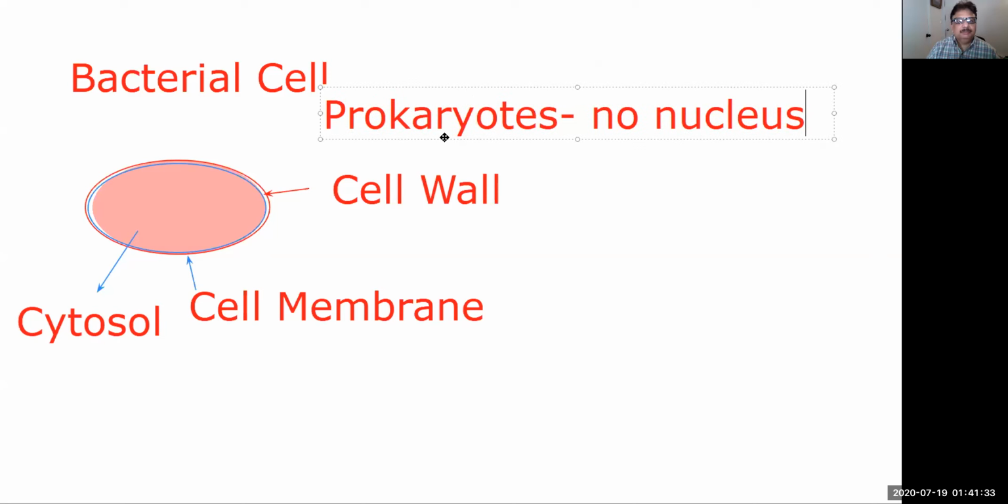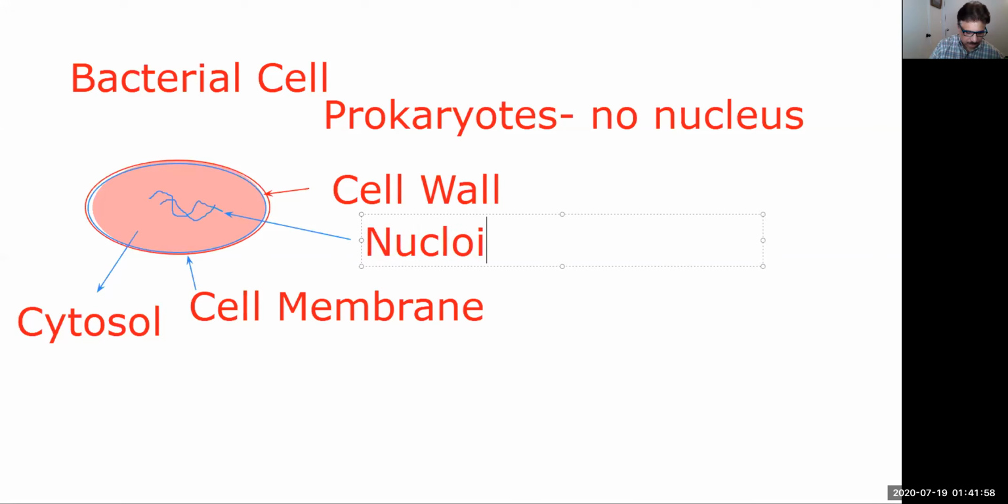So how is the DNA present? DNA within a bacteria is present directly in the cytoplasm. There is no nucleus. This DNA, which is present in bacteria without a nucleus, is called nucleoid.